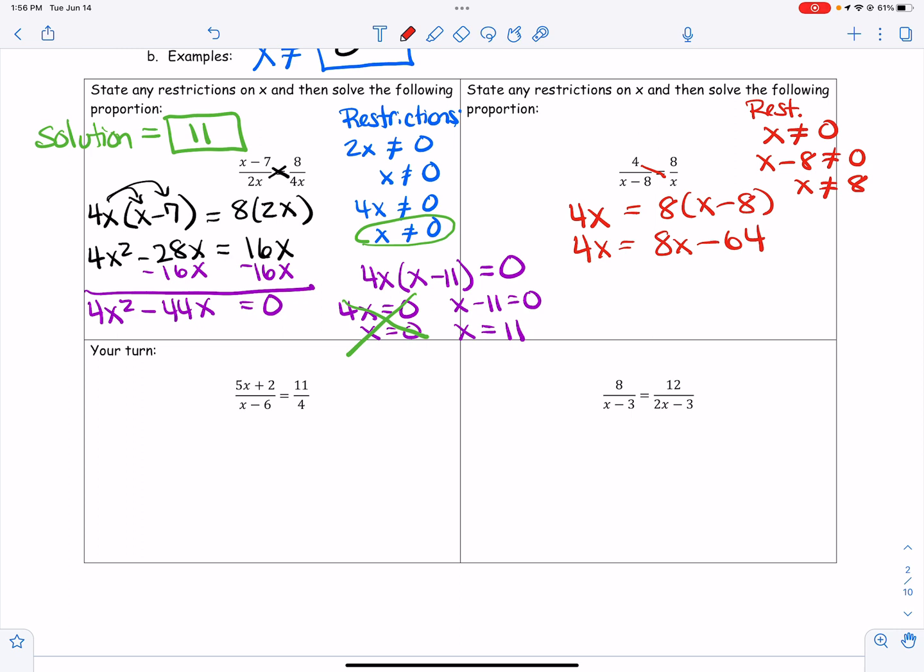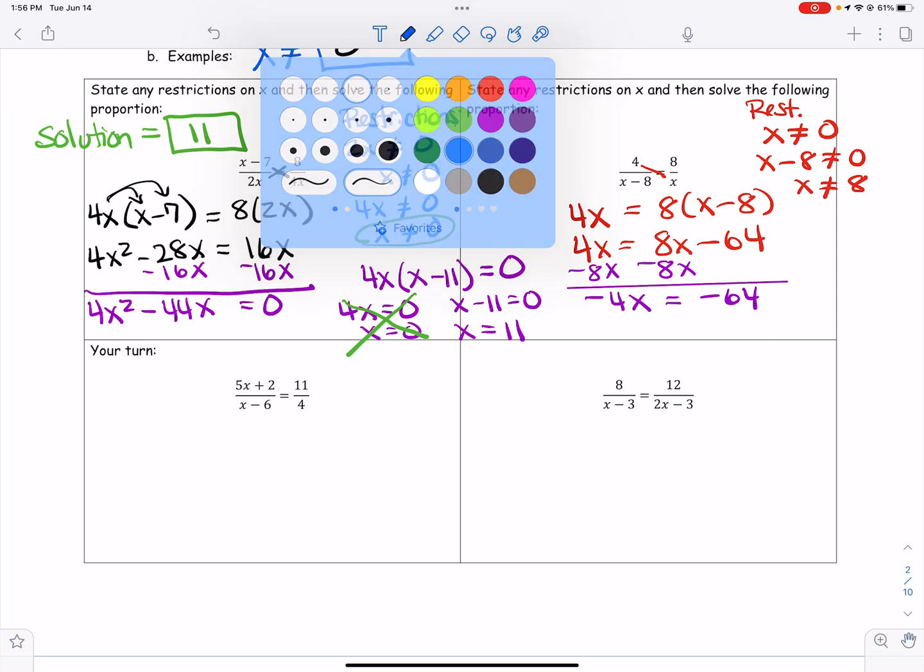Now, don't lose your mind here. This is just a linear equation. So we don't have to factor anything. All we have to do is solve it like we would a regular equation by moving terms over. I'm just going to subtract 8x. That gives me negative 4x is equal to negative 64.